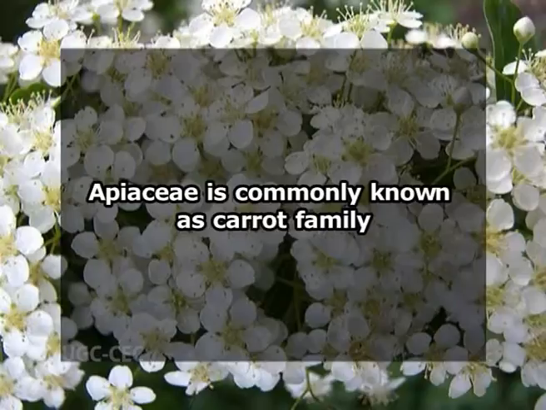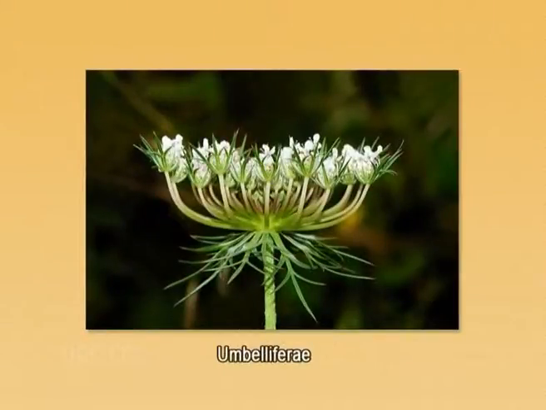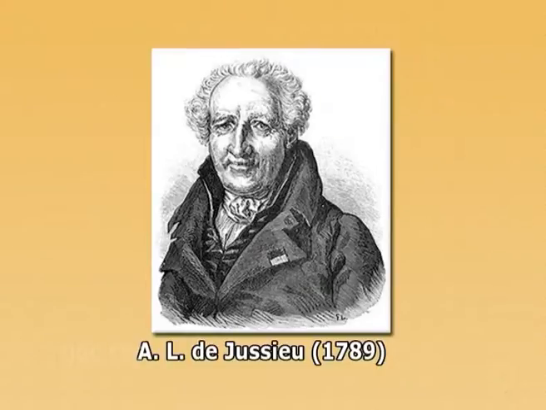Apiaceae is commonly known as carrot family. The family was first of all established as a formal taxonomic category under the name Umbelliferae and not Apiaceae by A.L.T. Gisu.